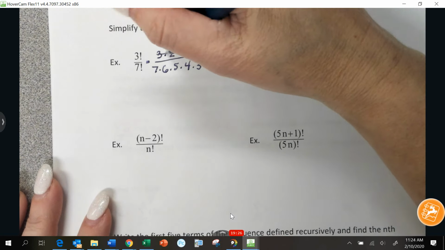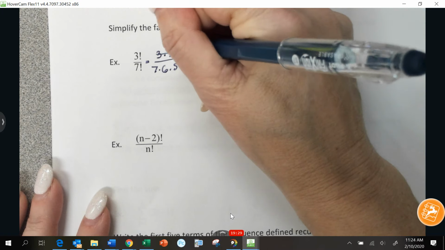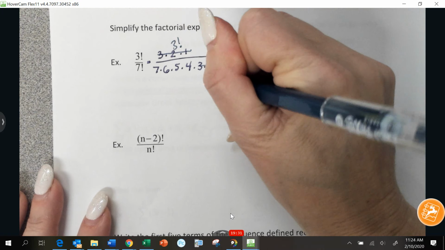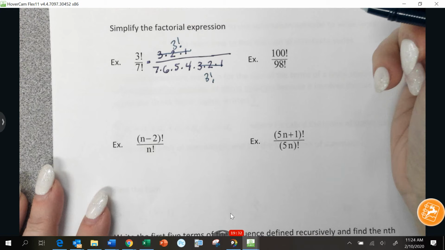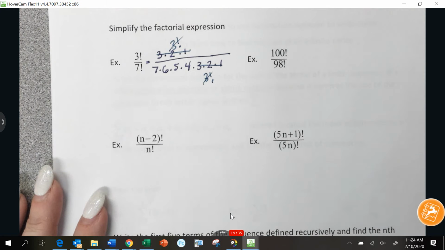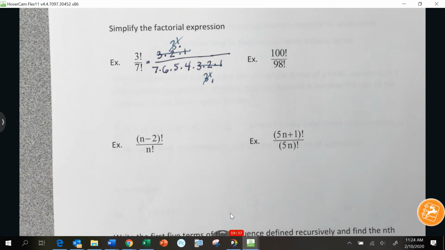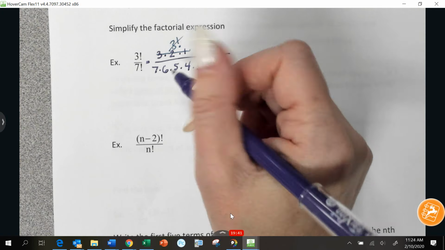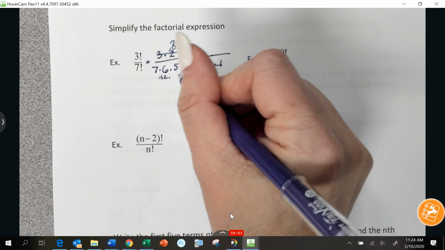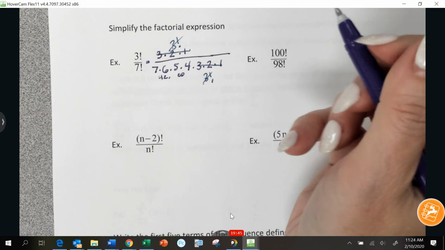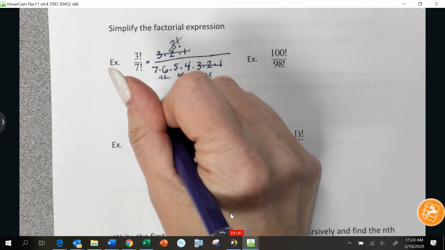So I'm actually canceling out 3 factorial from both of them, right? So we have left 7, 6, 5, 4. Multiply those. 42 times 20, 840.